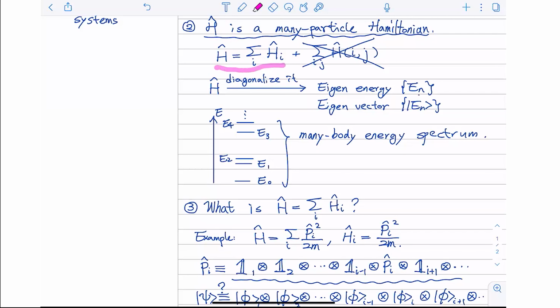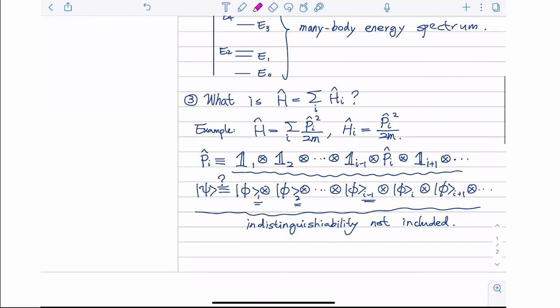Okay, so we want to ask what exactly is the meaning of this expression, summing over the Hamiltonian for each particle. We take a very simple example, the free particle Hamiltonian, where we sum over individual particles the Hamiltonian of the form of a free particle. Basically, it contains only the kinetic energy.